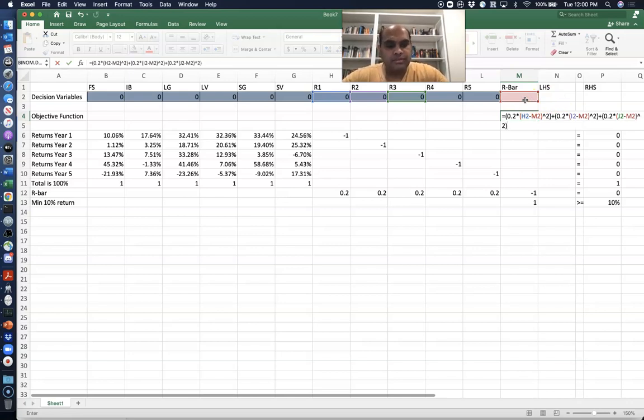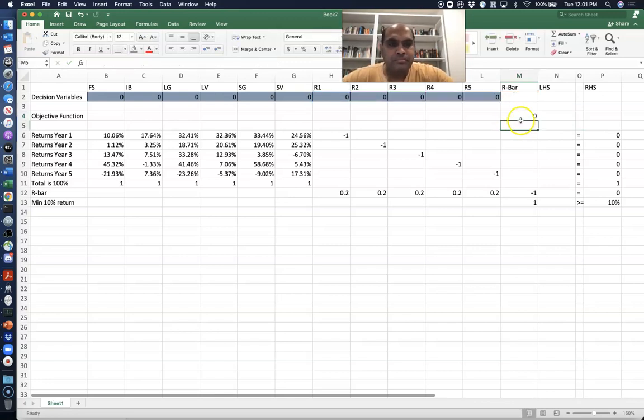This is the variance. Plus 20% times (R4 minus R bar) squared, plus 20% times (R5 minus R bar) squared. Right? Oh, R bar is also a decision variable, so let me mark that.